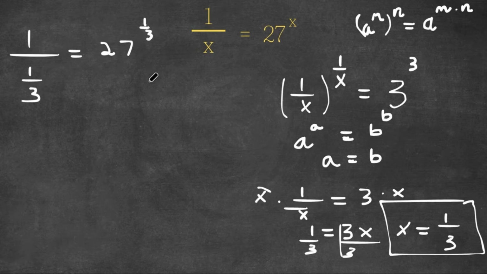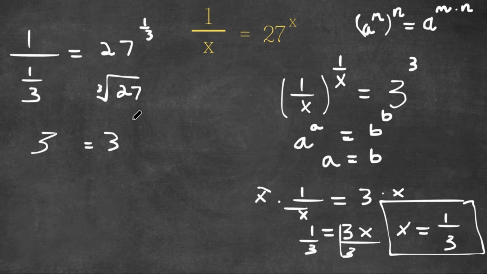Now, 27 to the power of 1 over 3 is the same thing as the cube root of 27. And the cube root of 27 is 3. So now we have 3 is equal to, now 1 over 3 is the same thing as 3. So 3 equals 3. Because this is right, we know that our solution is right.